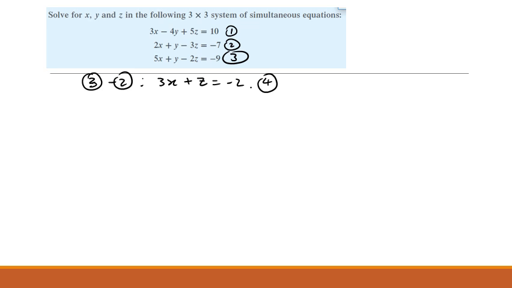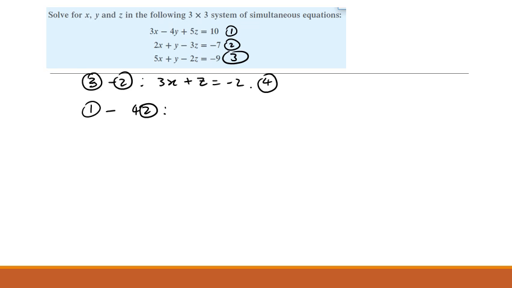Then we also need to be left with another equation where we have just an x and a z. Pick any equation you like to eliminate. Let's say we do the first one minus 4 times the second one.